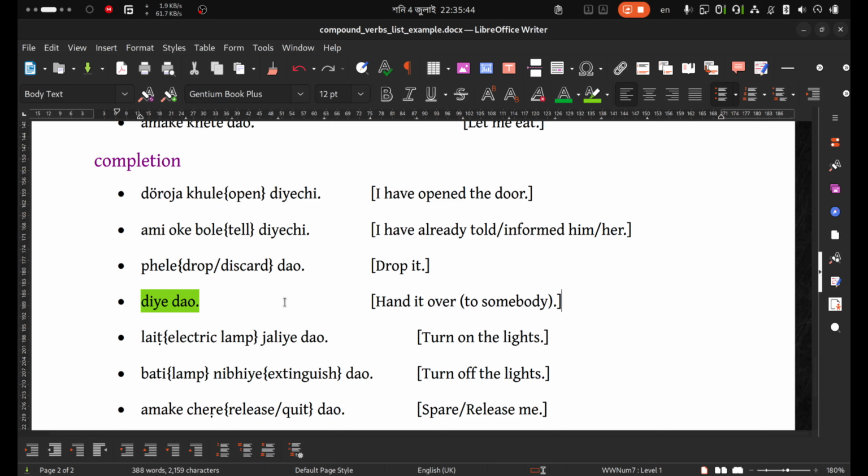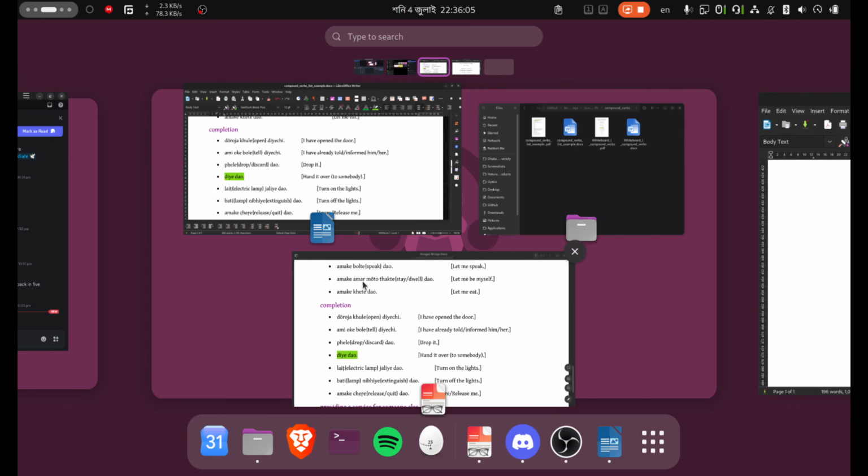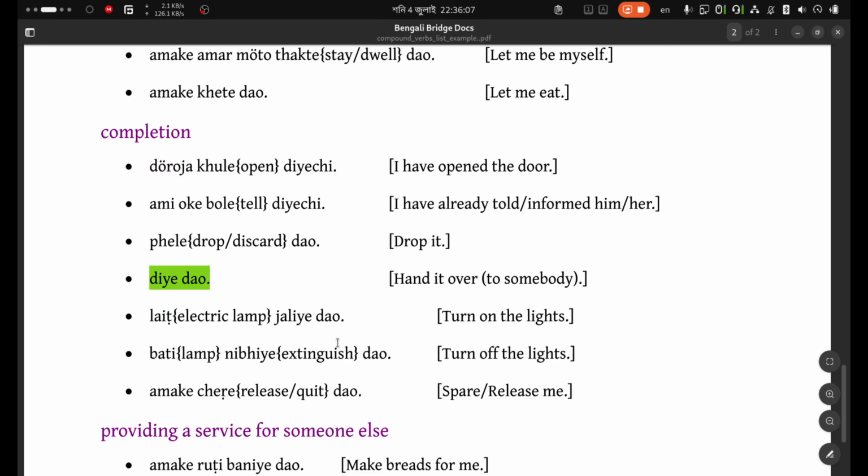Dieye dao, hand it over, like giving up the possession completely. So I would say it is completion. But you can always explain it differently.